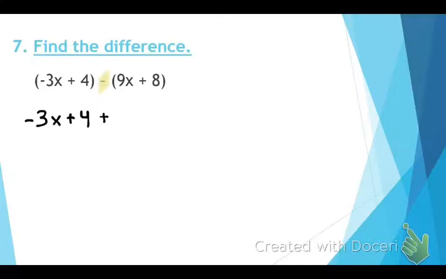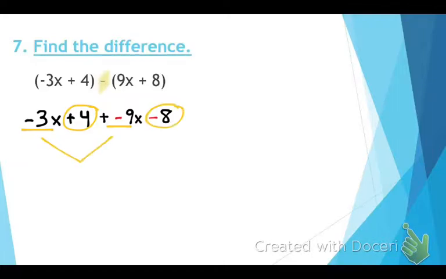It becomes the opposite. Instead of positive 9x, we turn that into a negative 9x. Instead of a positive 8, we turn it into a negative 8. Okay, so you can see in red where I changed the signs. Now you are allowed to underline and circle. Please don't underline and circle whenever there are still parentheses there.